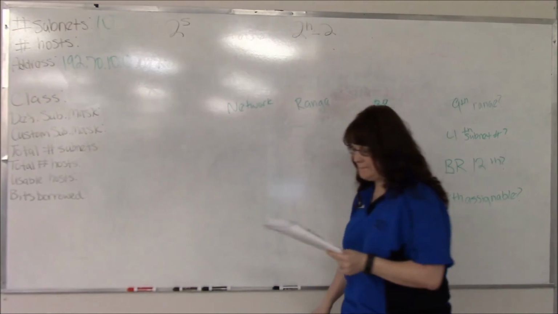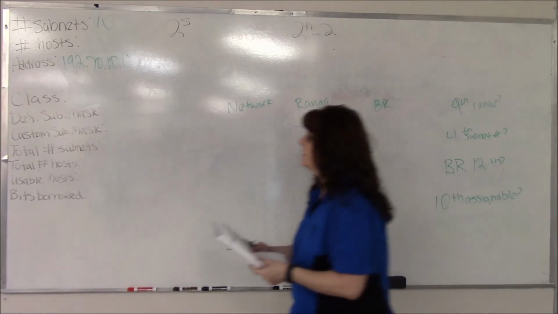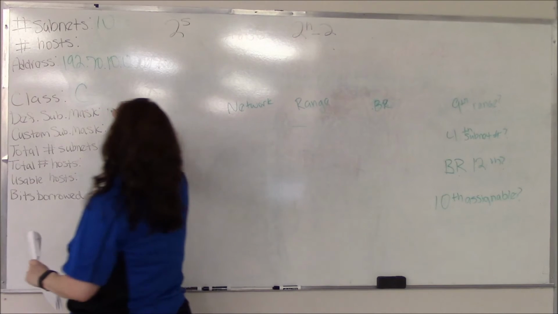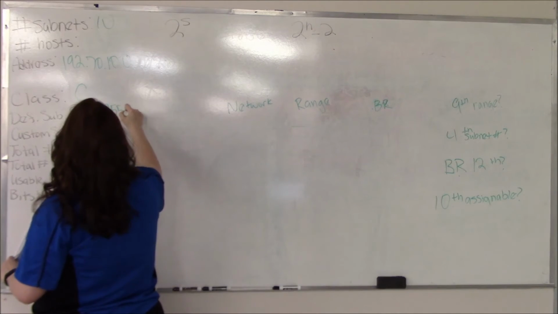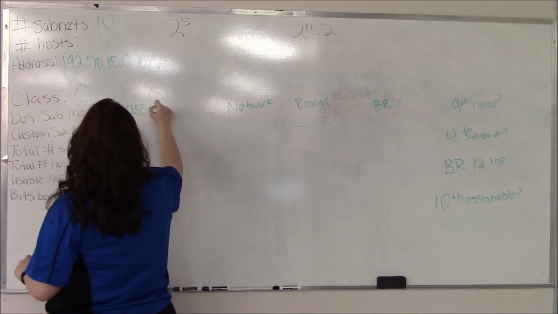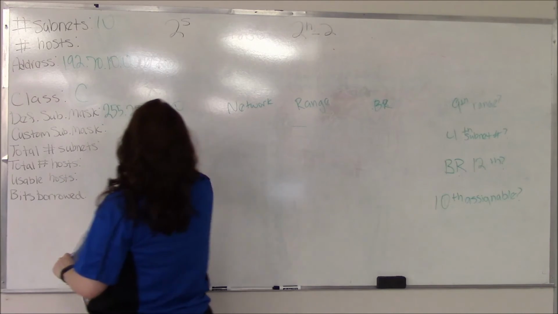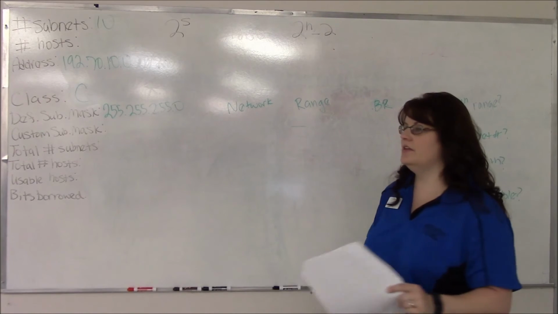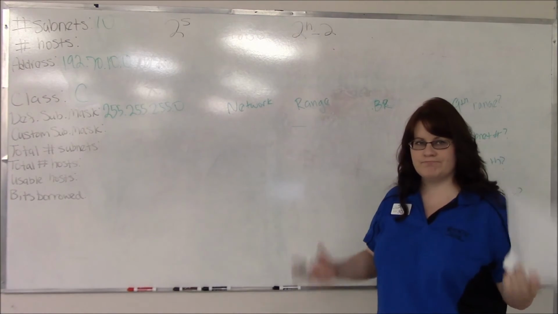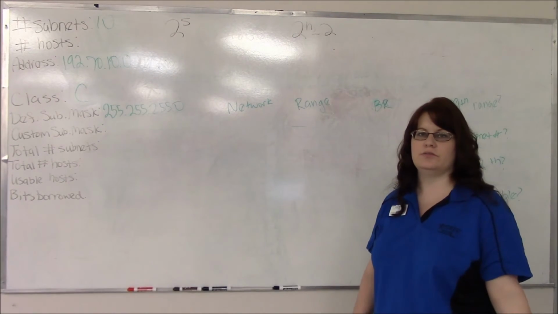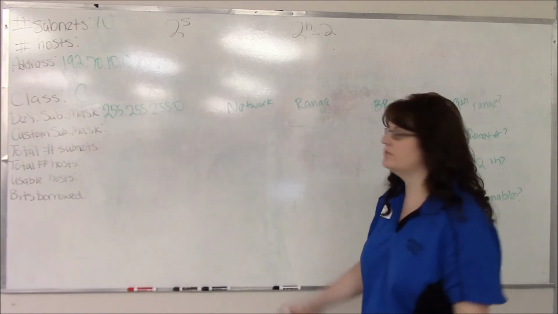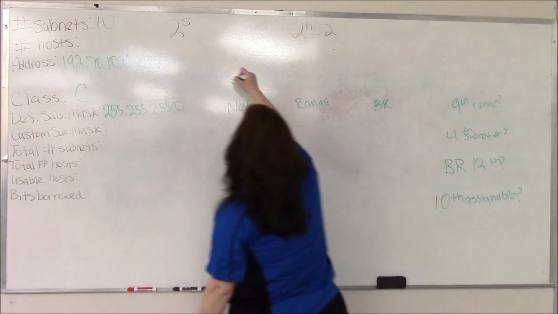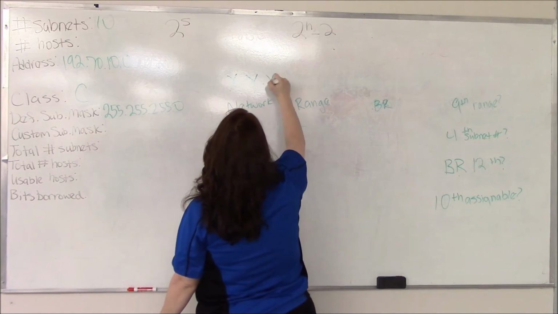What class? C. Default subnet mask of a class C: 255.255.255.0. In this instance, what octet is going to change? The fourth. It's the only one available. We cheated. Now we know that, right? When we look at everything on a grand scale, it kind of starts to come together.